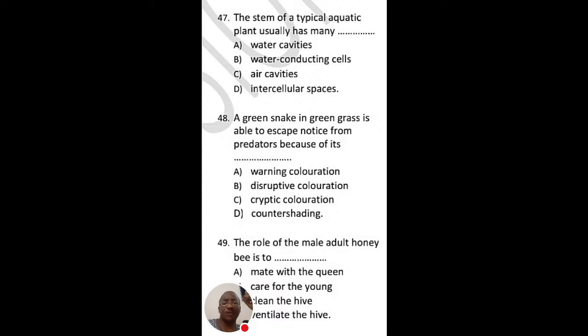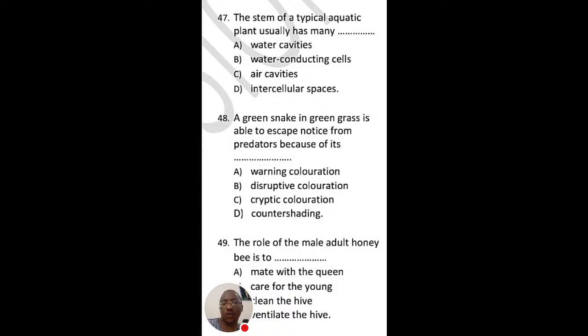Let me explain this. Warning coloration, animals use bright colors to warn the predators. So the colors are so bright. Imagine a frog that has stripes of red, green, and yellow. That would be offensive to a snake. So that's a warning color.